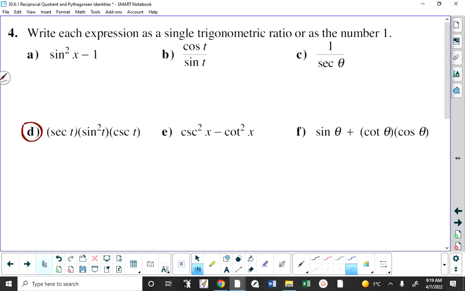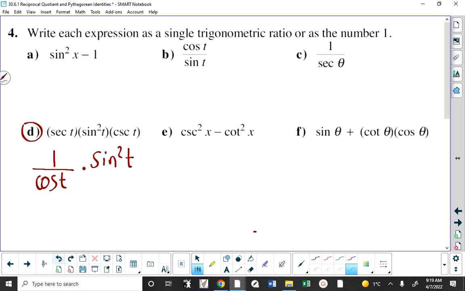If I rewrite everything in terms of sine and cosine, secant is 1 over cosine. So secant of t is 1 over cos of t. Then I have sine squared of t. And look how I wrote it. If you write this, it's not wrong, but it makes it difficult for a student to see what's going on, and it makes it really difficult for me to explain.